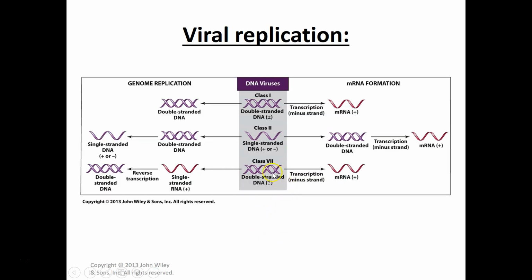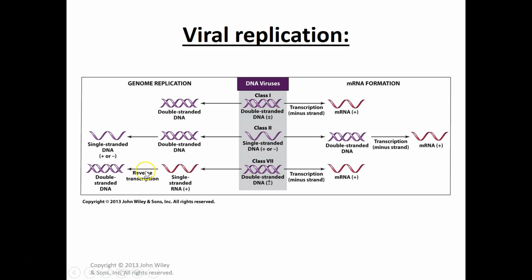Okay, so this one, double-stranded DNA, right? So right from the DNA, we can make messenger RNA, make those viral proteins, right? But this one, right, goes from DNA to RNA back to DNA to copy its DNA.